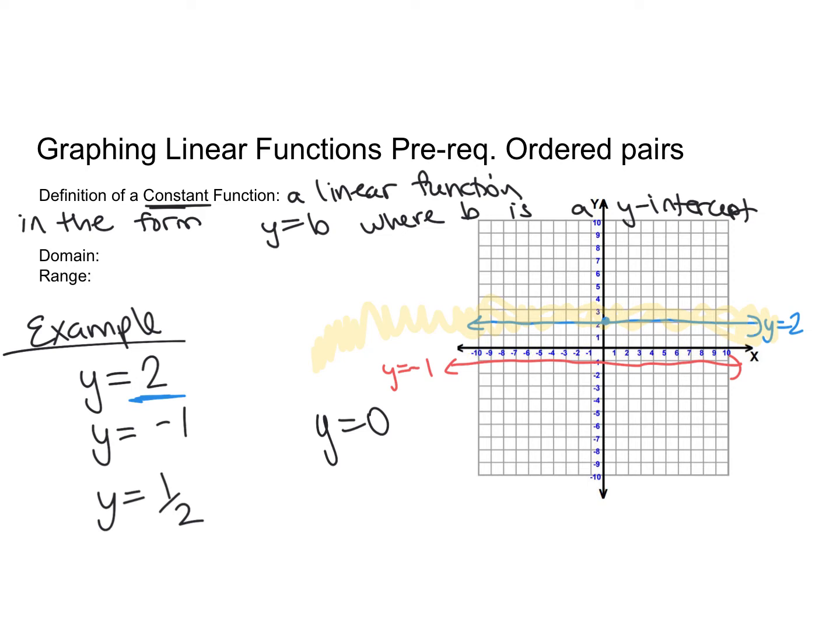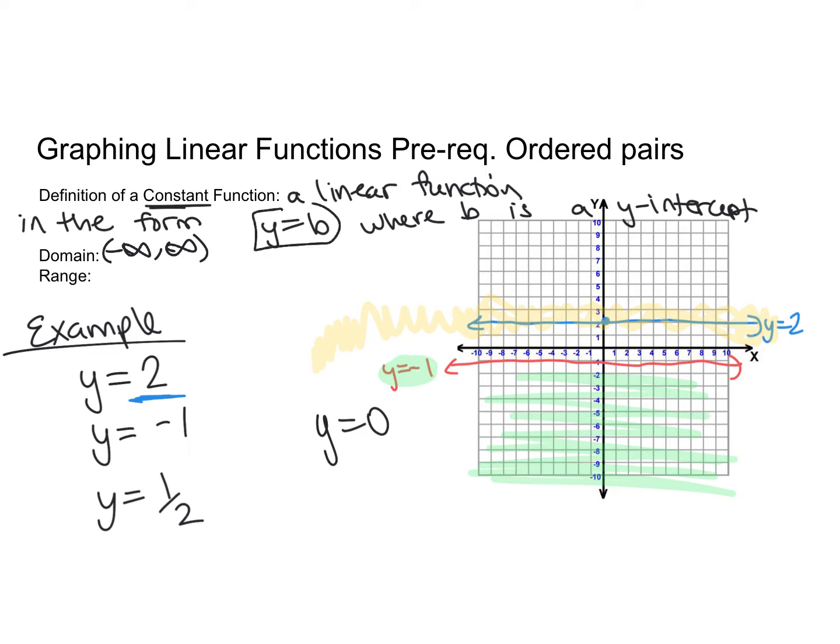But when I try to do the range, which goes from bottom to top, my range is very limited, right? My range will only be wherever that value is at. So my domain will be -infinity to infinity. But my range, this is really cool, the range is just whatever number it is.